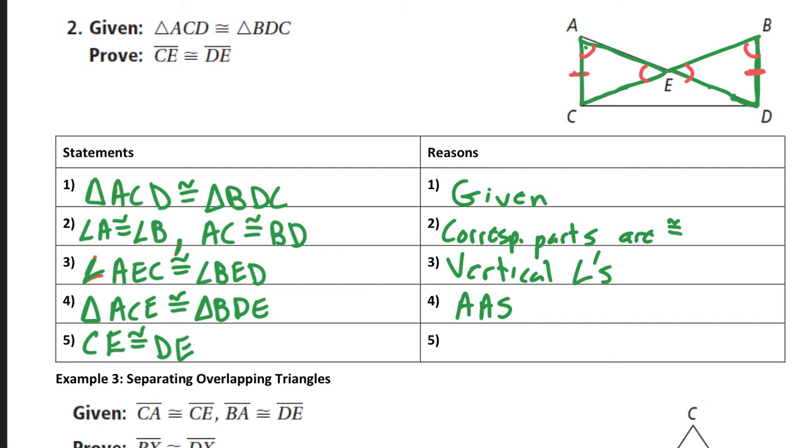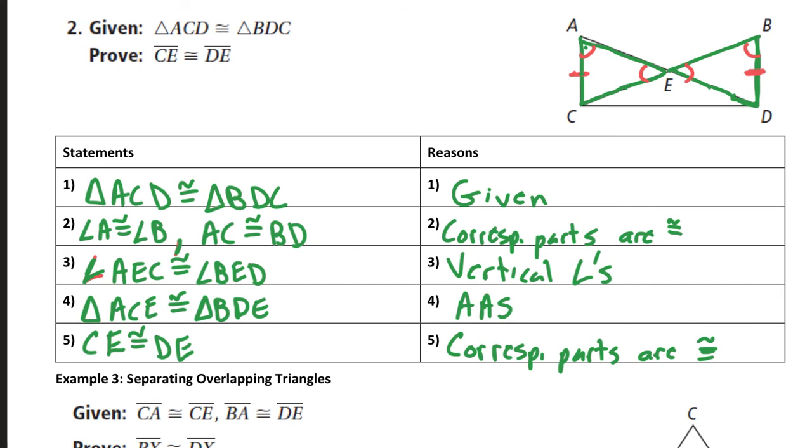Through all of that, I can now say CE is congruent to DE because those are corresponding parts. Corresponding parts are congruent.